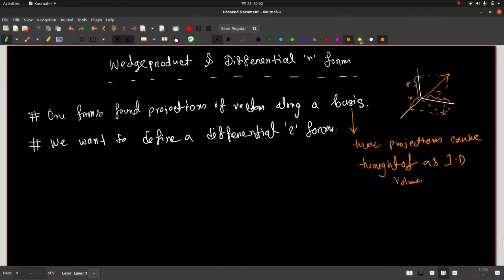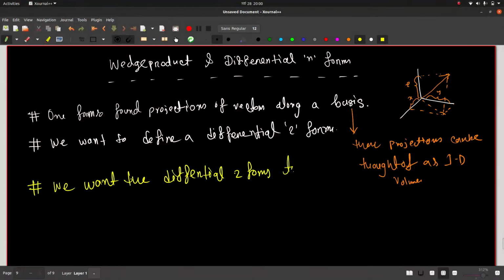So what we want to do right now is that we want the differential two forms to show some certain property like differential one forms. That means it will give us some information about a two-dimensional volume of some pair of vectors.